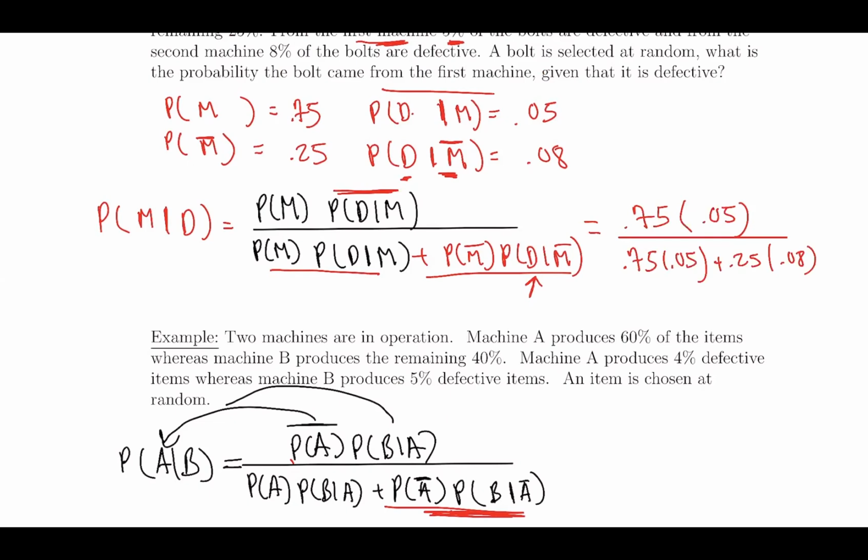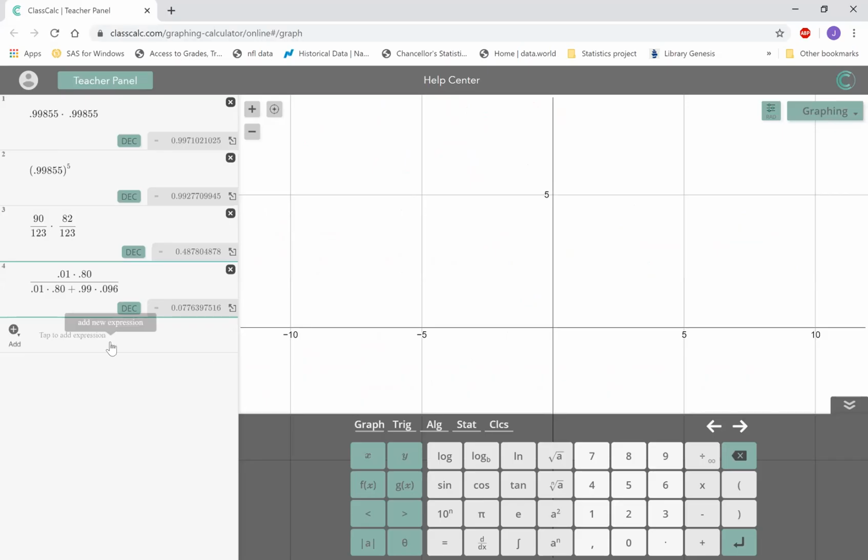All right, so for the last part we're going to use ClassCalc, and then that will be it for that problem. For this one, first you want to do the fraction.